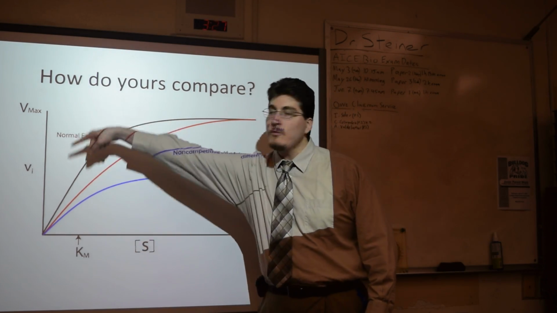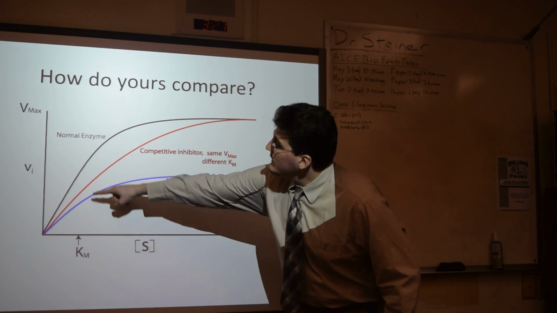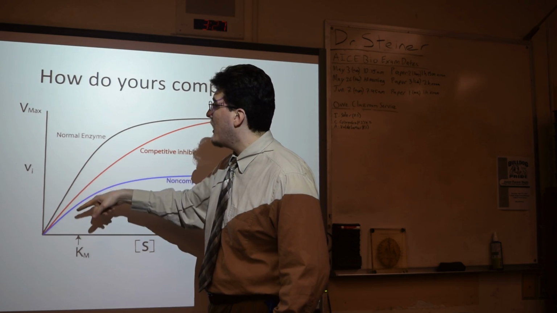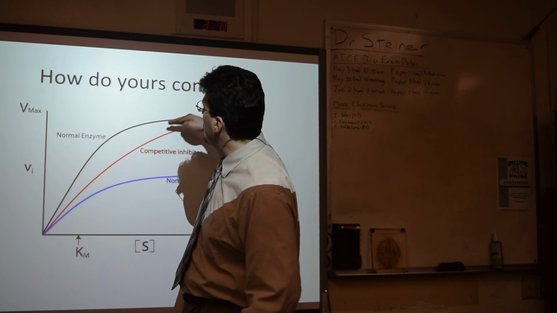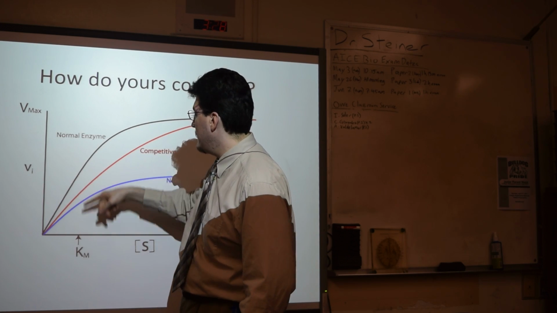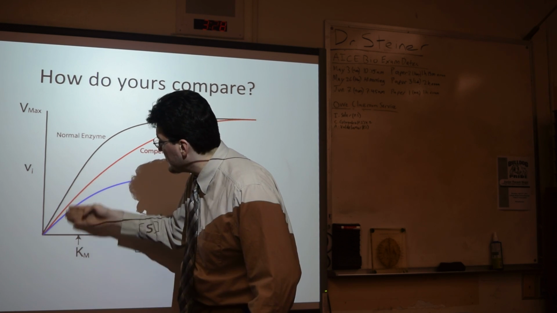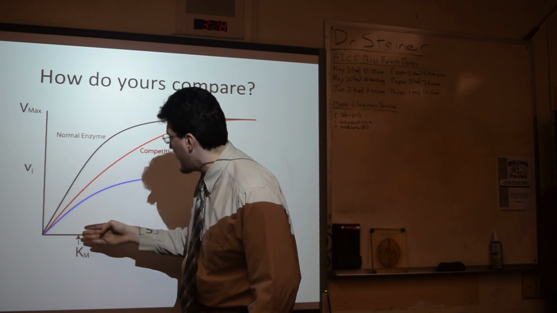The x value at 1/2 Vmax is higher than the Km of the black normal enzyme. So here is the Km for the black line, here is the Km for the red line.